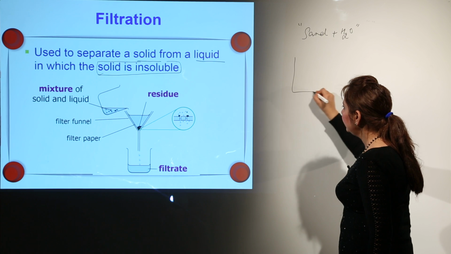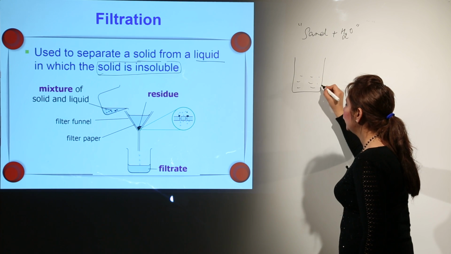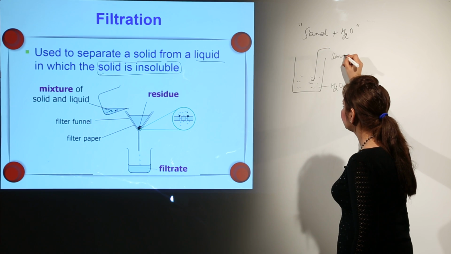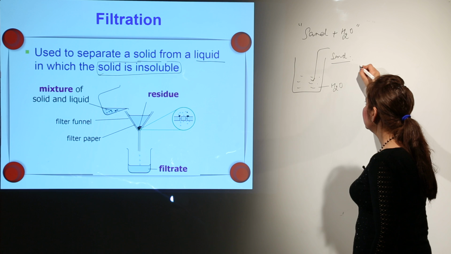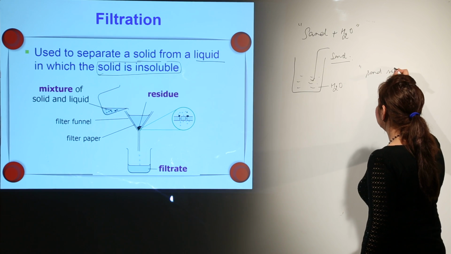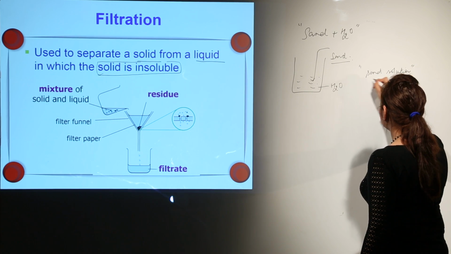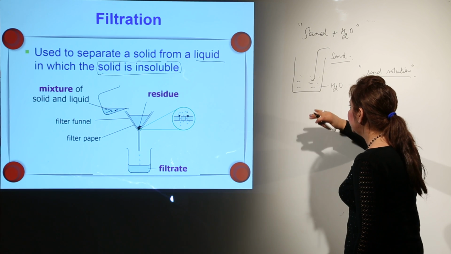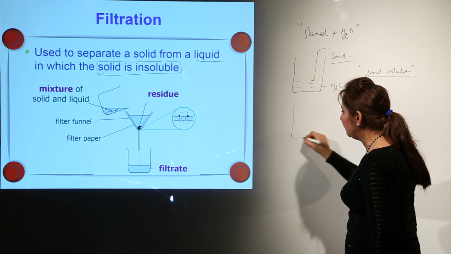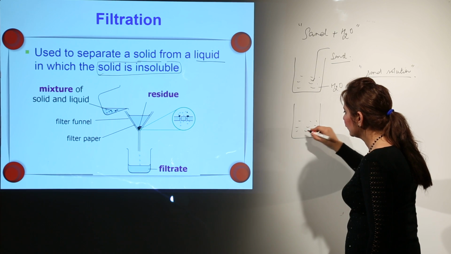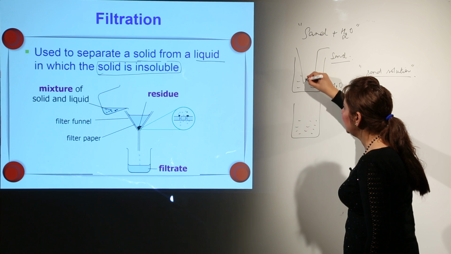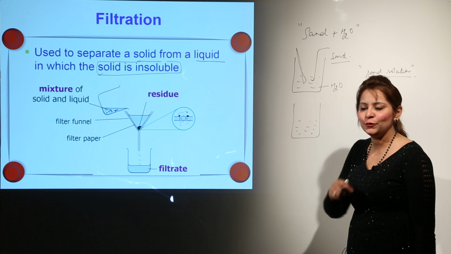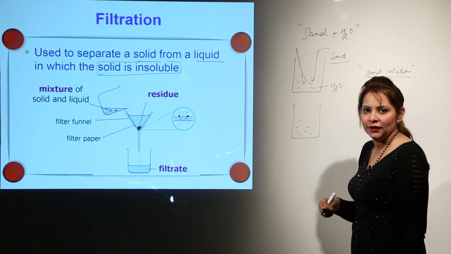I am taking a beaker which contains a known amount of water. I am adding sand to it, so we get a sand solution. When we add sand to it, we stir it with the help of a stirrer, because when we add anything to any substance, we need to stir it so that it dissolves.